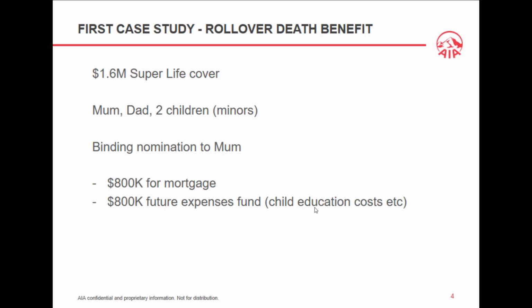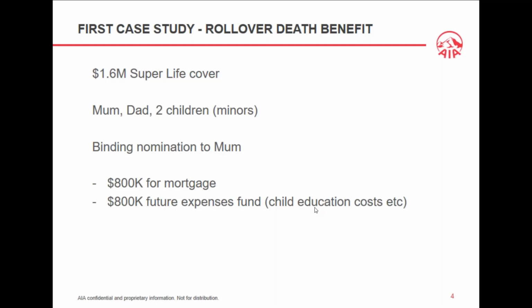Now mum and dad each had binding nominations in favour of each other, and the reason why you've struck a figure of $1.6 million is because the needs analysis has identified that the prevailing mortgage, the outstanding debt, currently stands at $800,000.